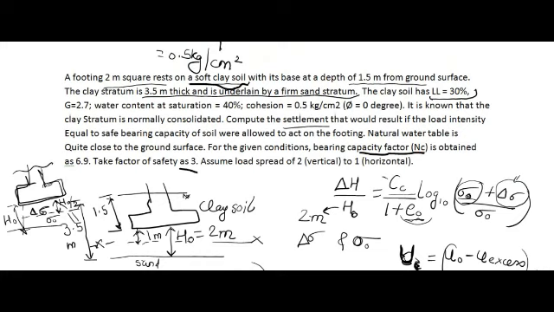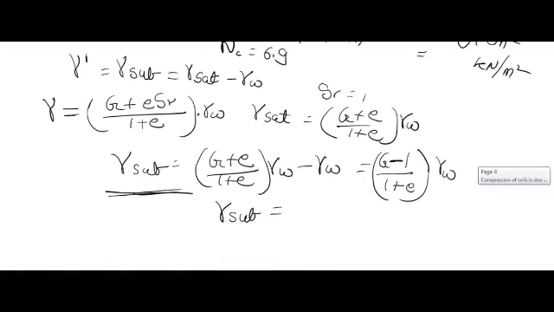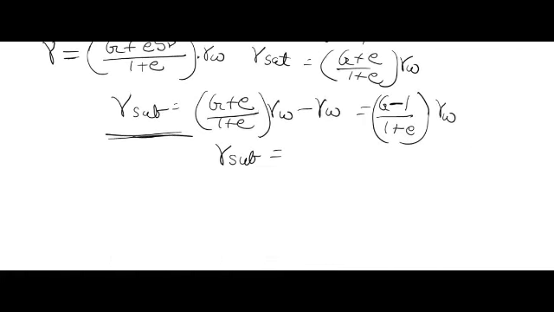Void ratio is not given in the whole problem, but there is one thing given: water content at saturation. So can you use that to find e? We know the general term w G is equal to e S_r.